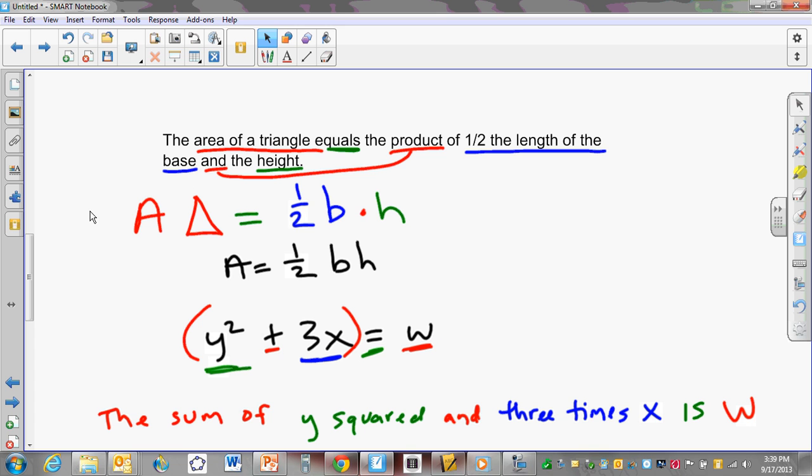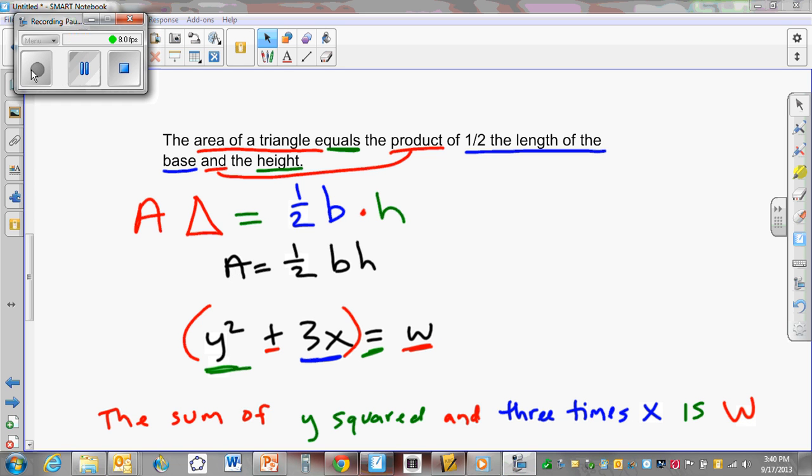Area of the triangle, equals, there's our equal sign, the product of, so we know we're multiplying, 1/2 the length of the base, so 1/2 base, and since we're doing product, we multiply, and height goes here. You just rewrite it, A equals 1/2 base times height.